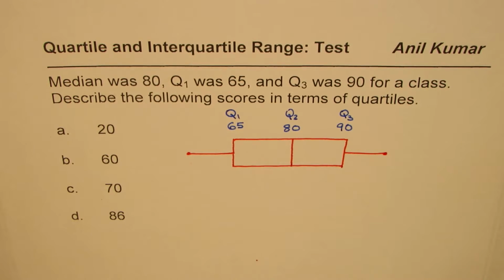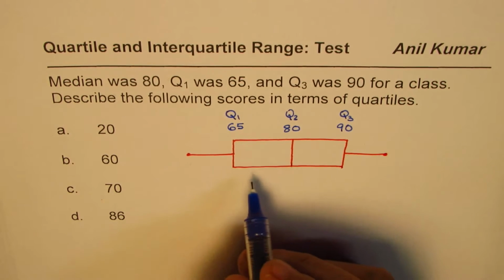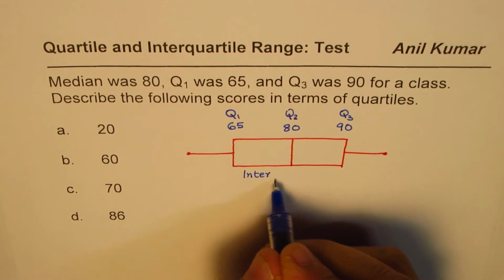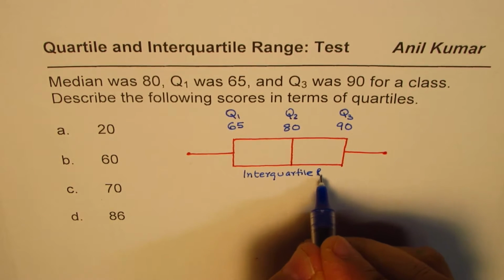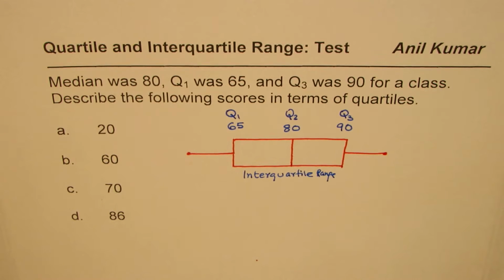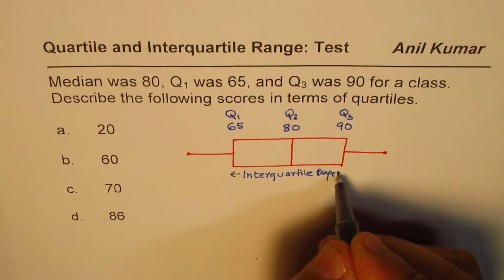Now in this particular diagram, we know that the middle portion is called the interquartile range, right? So this center portion is the interquartile range, which is the difference between Q3 and Q1.